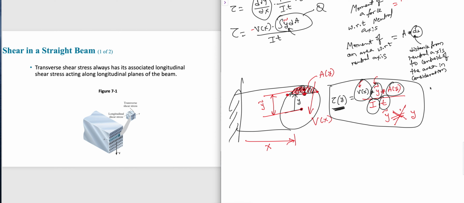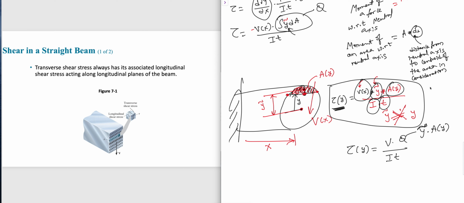That is the theory. So rather than writing y tilde, the formula in the textbook is simplified. It is written as VQ over It. So what is Q? Q is y tilde times the area above the point y. Okay. I hope all of you understood till this point.